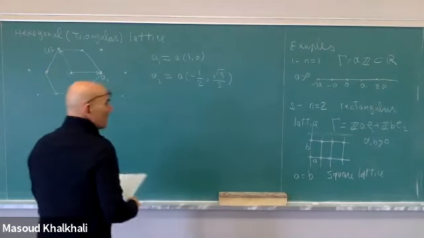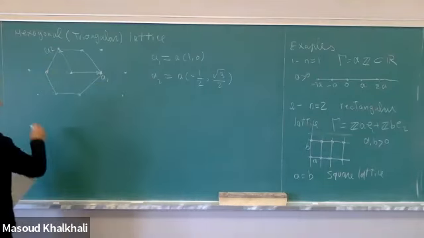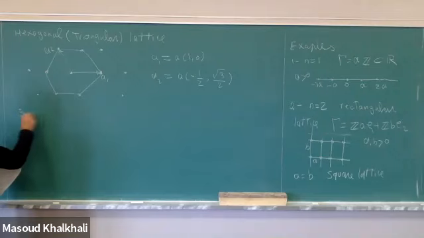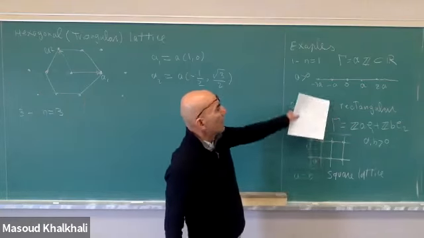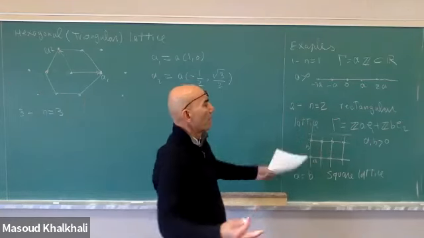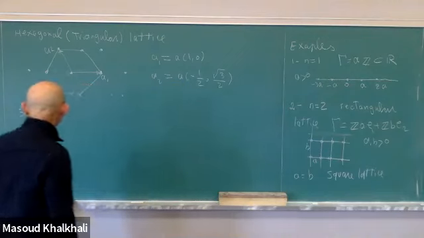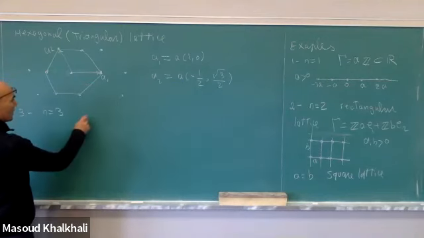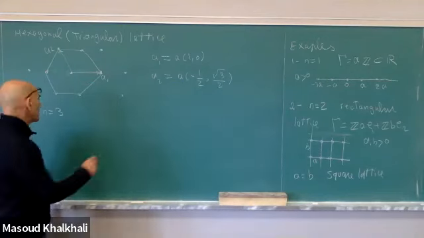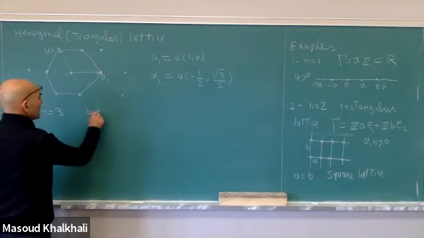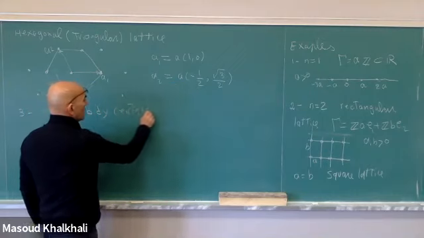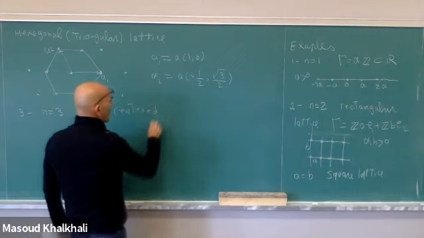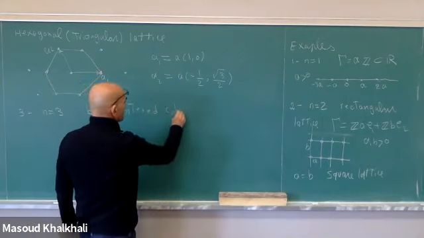Okay, so now let me go to 3 dimensions. N equal to 3. Of course, you can repeat this story over there, so you get a kind of box lattice. But then there is something interesting, which is called the body-centered cubic lattice.